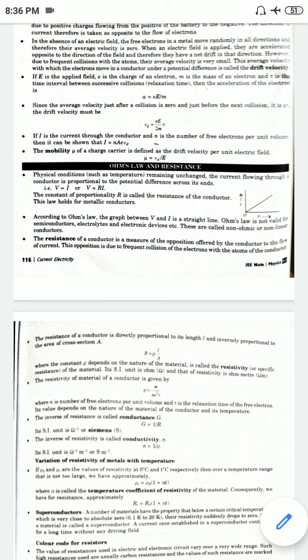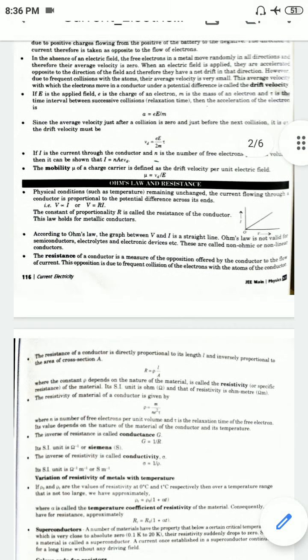Consequently, the resistance is approximately RT = R₀(1 + αT).